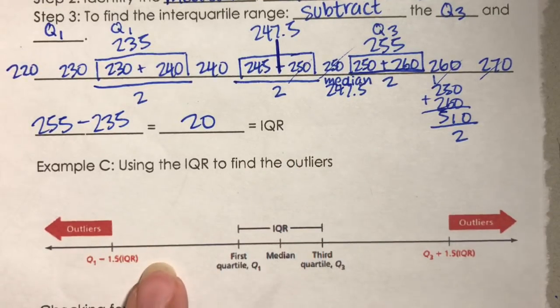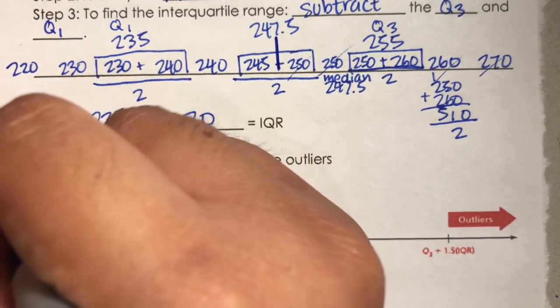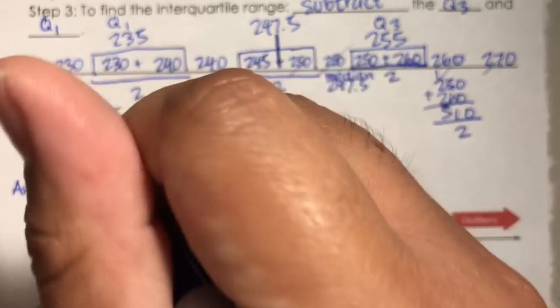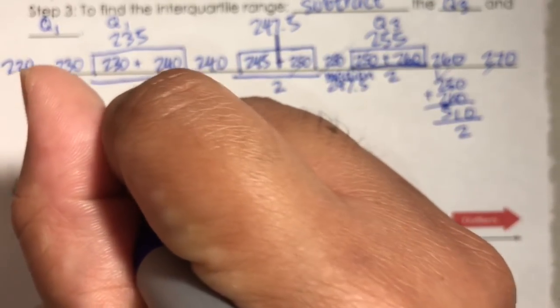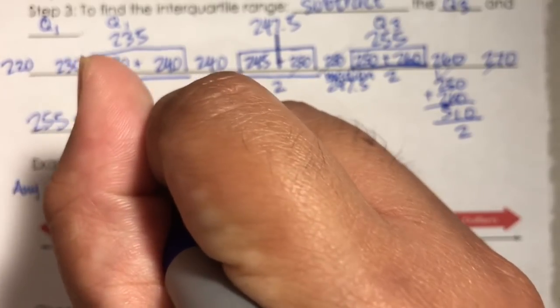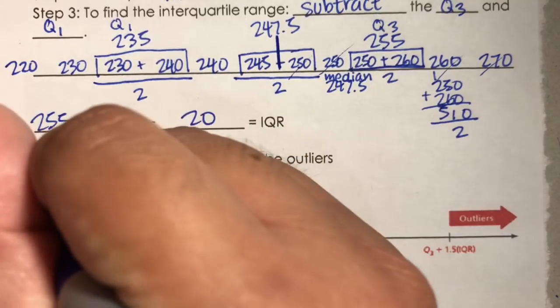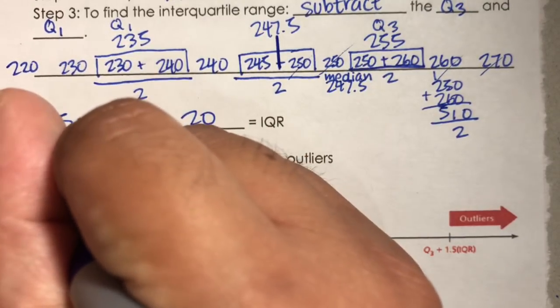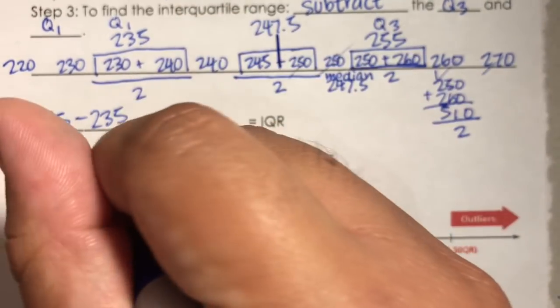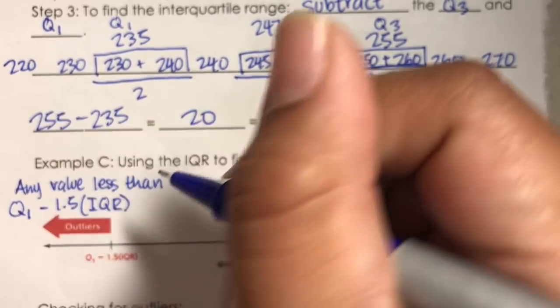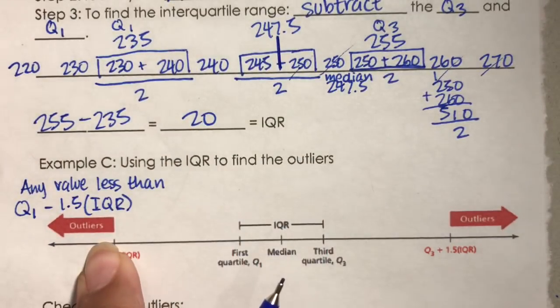So any value that is less than the first quartile minus 1.5 times the interquartile range would be considered an outlier.